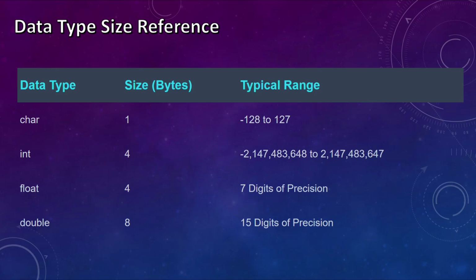A float occupies 4 bytes, and a double occupies 8 bytes. It's double the size of a float. Notice that as precision increases, memory consumption also increases. This is why selecting the correct data type is very important in embedded systems.